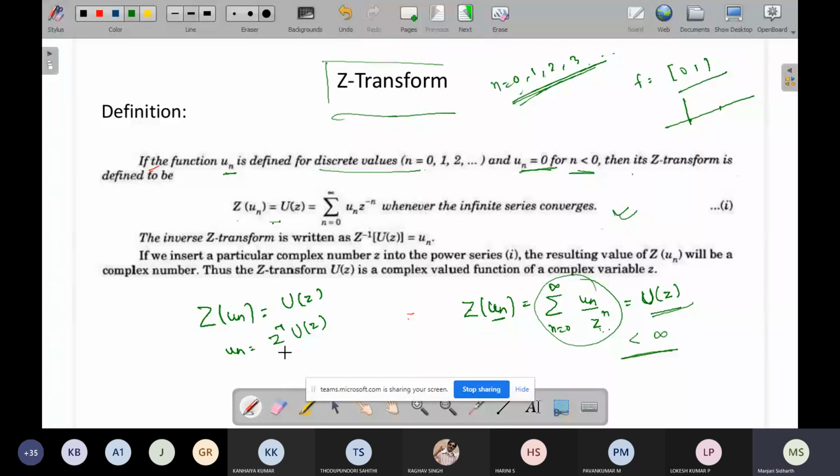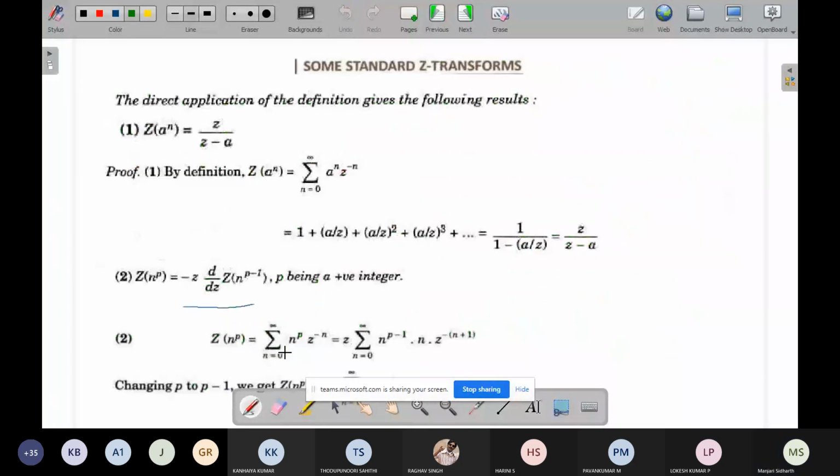Okay, so let's see. First, we need to remember the formulas. Z transform of a to the power n, like 2 to the power n, 3 to the power n, where a is any real constant, even negative, like minus 2 to the power n. n cannot be negative, but a can be negative.